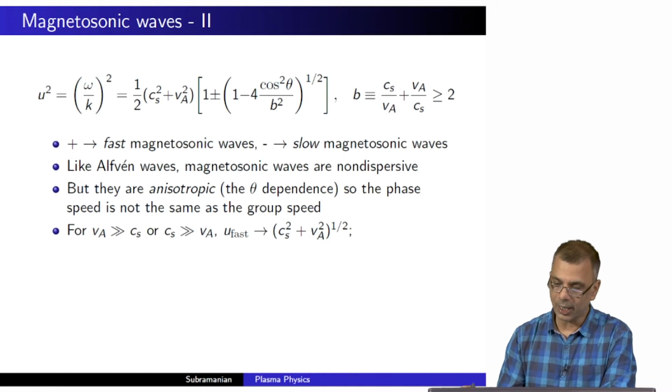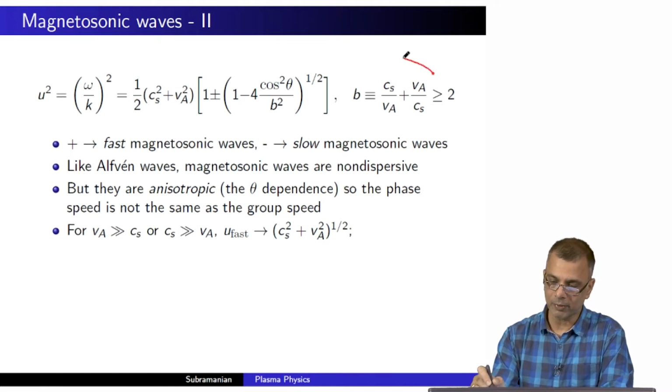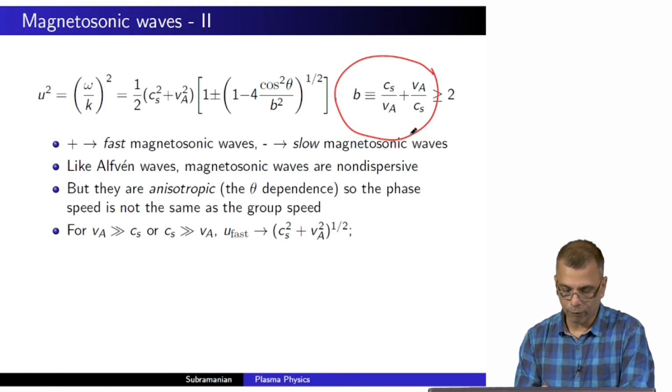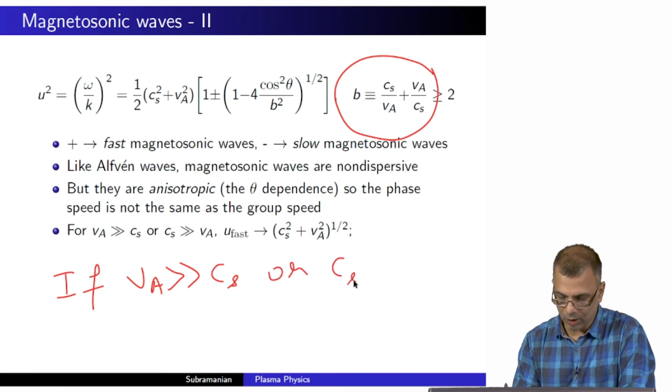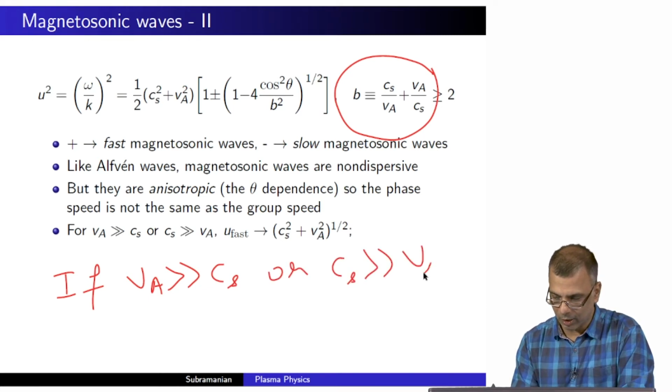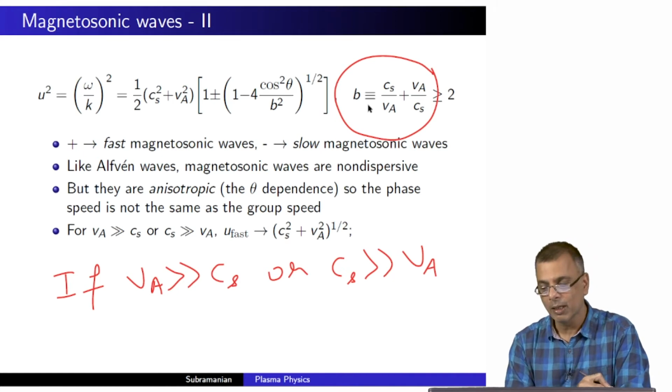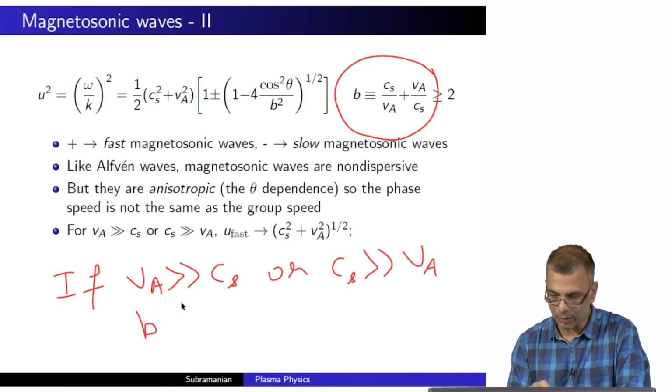Okay. In either case, if we look at this B, if VA is much greater than CS, or CS is much greater than VA, what happens to B? B is much greater than 1.